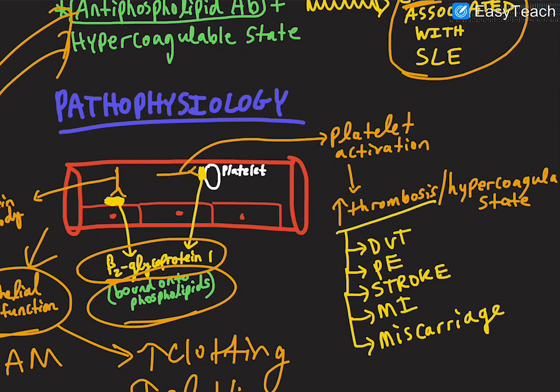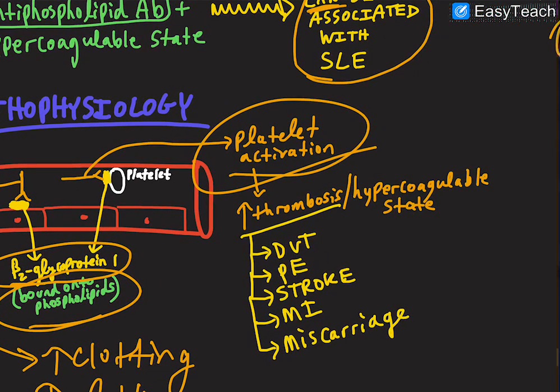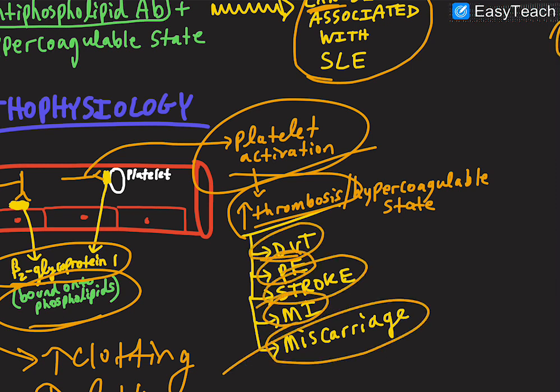So your antiphospholipid antibodies like lupus anticoagulant and anti-beta 2 glycoprotein 1 can also bind onto the beta 2 glycoprotein on your platelets. If that happens, that leads to the activation of your platelets, so activation and aggregation, and then this leads to thrombosis because that's what platelets do. They make clots. So that increases thrombosis risk like DVTs, pulmonary embolism, stroke, myocardial infarctions, and miscarriages.